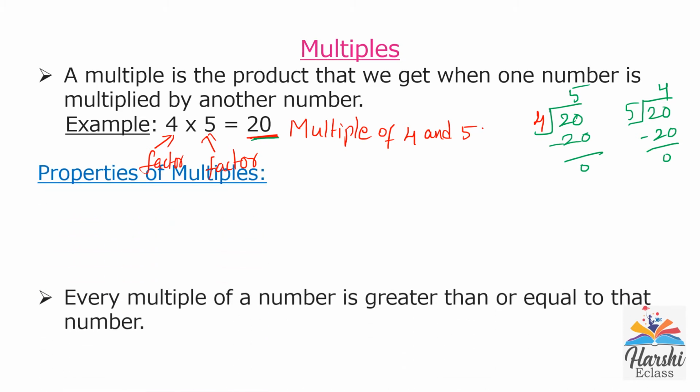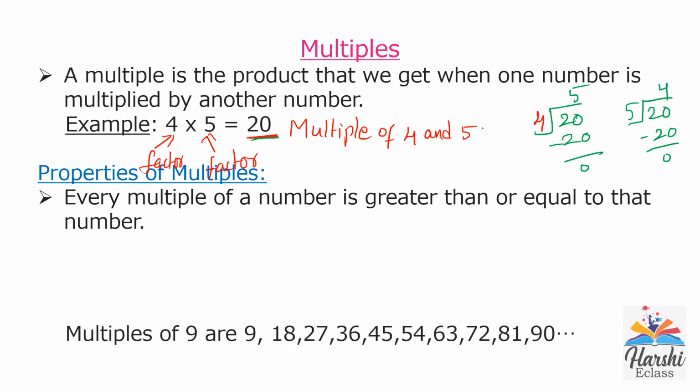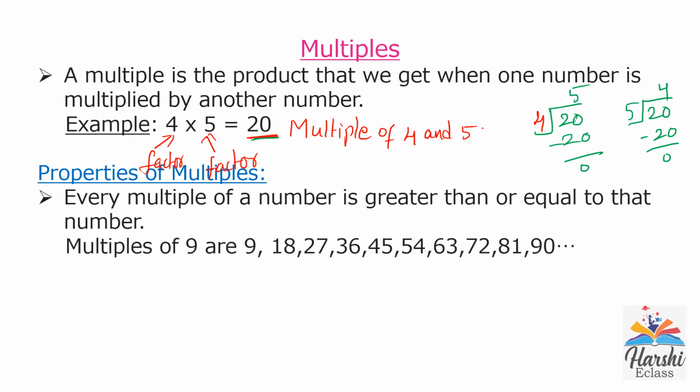Properties of multiples. First property, every multiple of a number is greater than or equal to that number. Example, multiples of 9. Multiples of number 9 are: 9 ones are 9, 9 twos are 18, 9 threes are 27, 9 fours are 36, 9 fives are 45, 9 sixes are 54, 9 sevens are 63, 9 eights are 72, 9 nines are 81, 9 tens are 90.